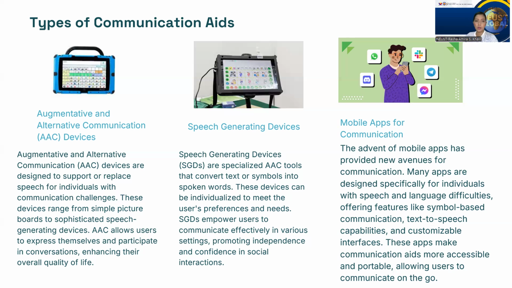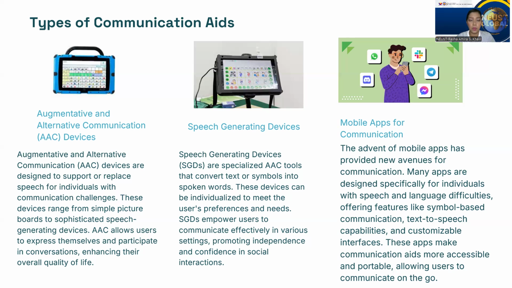Of course, the speech generating devices are specialized AAC tools that convert text or symbols into spoken words. These devices can be individualized to meet the user's preferences and needs. And SGDs empower users to communicate effectively in various settings, promoting independence and confidence in social interactions.